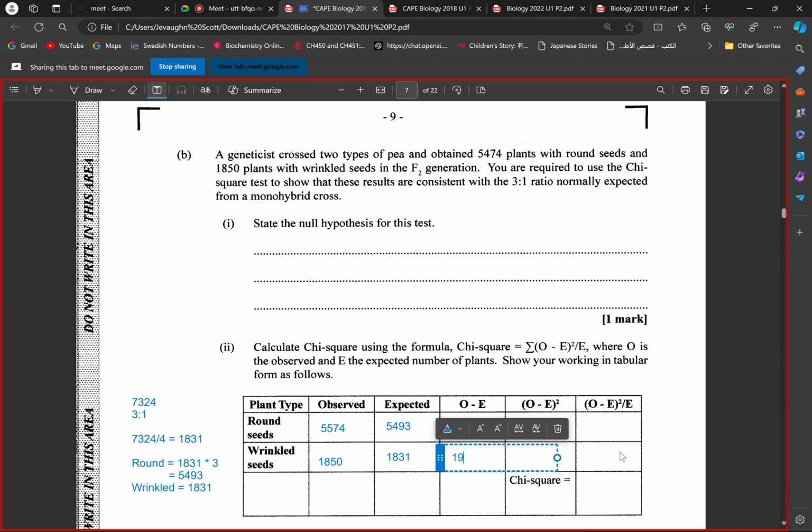So we're going to get 19 down here at the top. What are we supposed to get? Negative 19. Alright. But is that the value we get when we minus the expected from the observed?